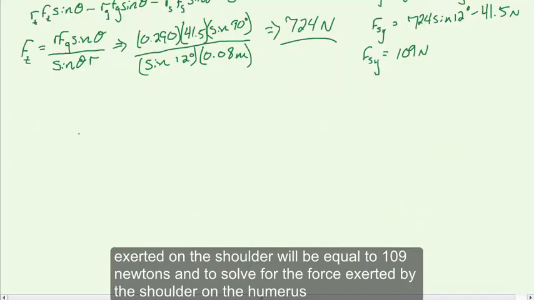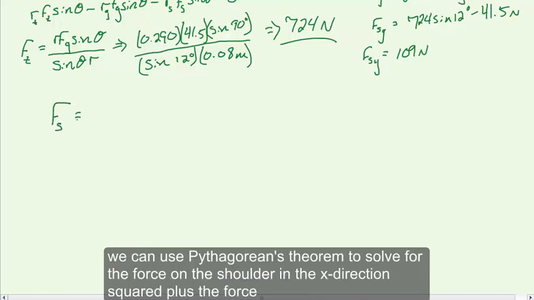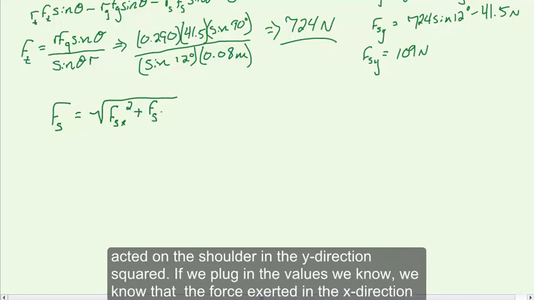And to solve for the force exerted by the shoulder on the humerus, we can use the Pythagorean theorem to solve for the force on the shoulder in the x direction squared plus the force acted on the shoulder in the y direction squared.